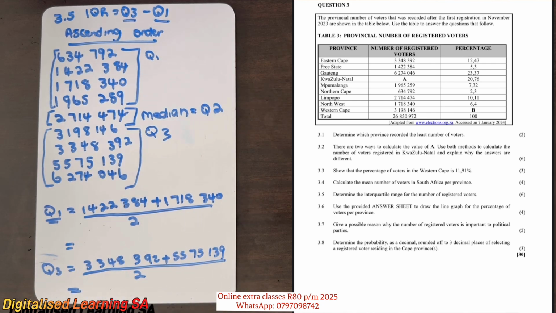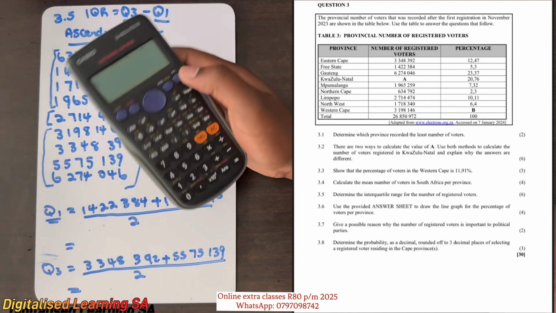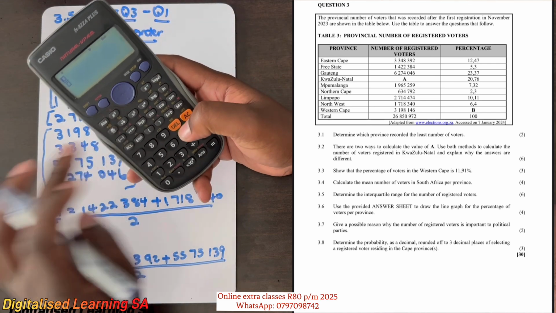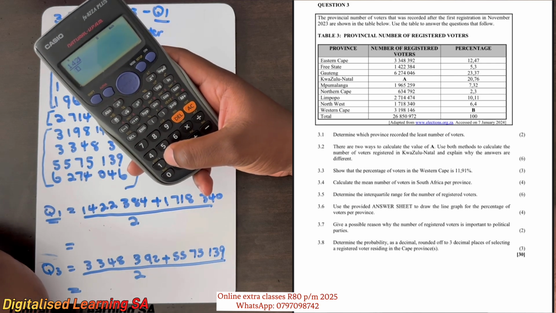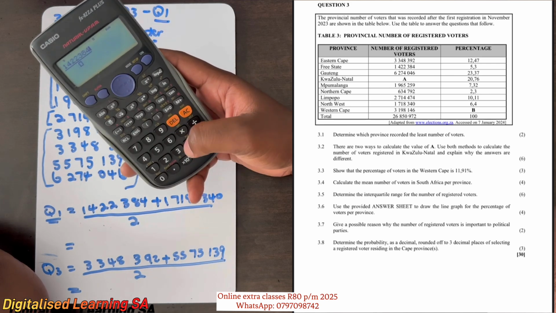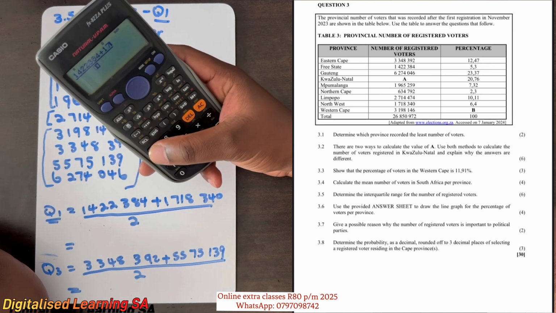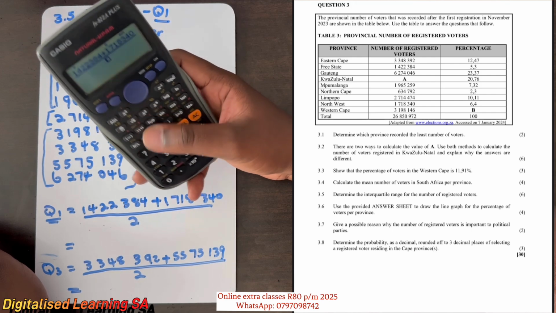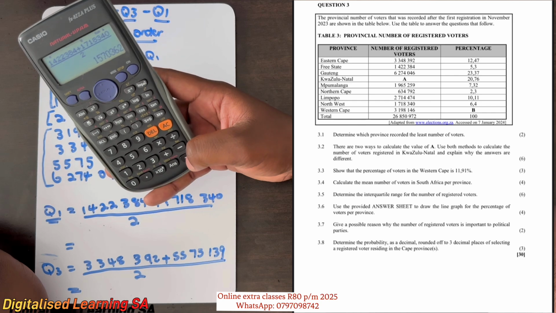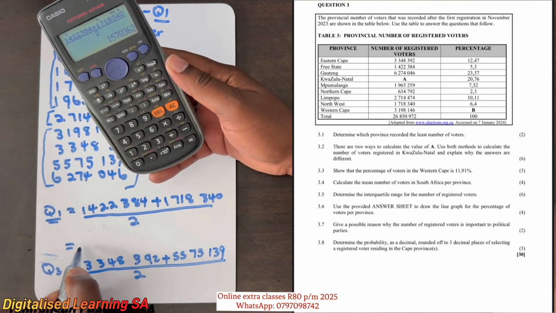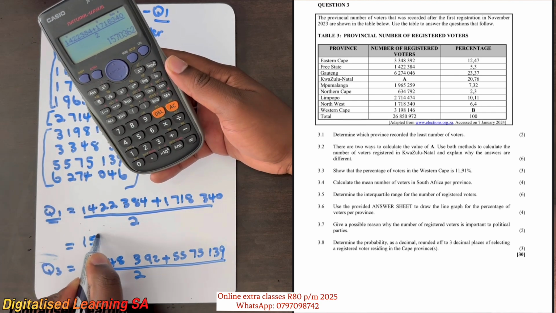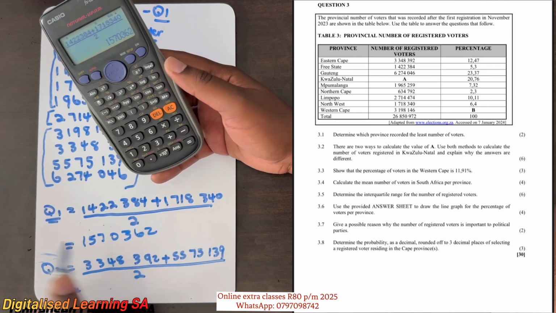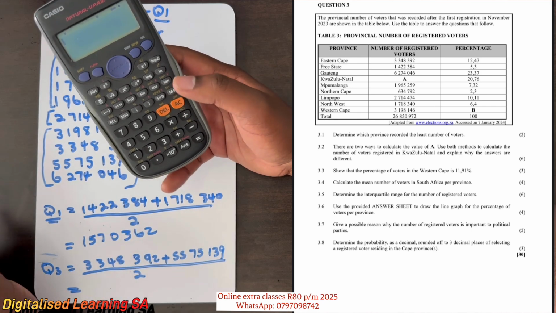So now let's go ahead and do the calculations. We are going to say 1422384 plus 1718340 divided by 2, and our Q1 will be 1570362. Now let's calculate our Q3.